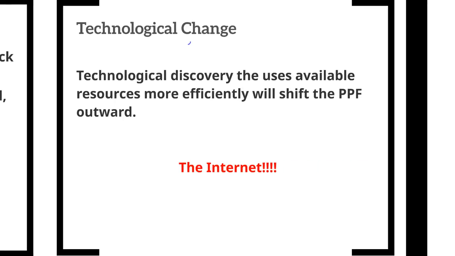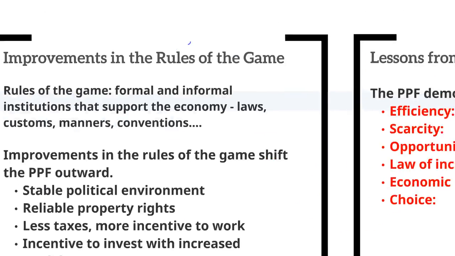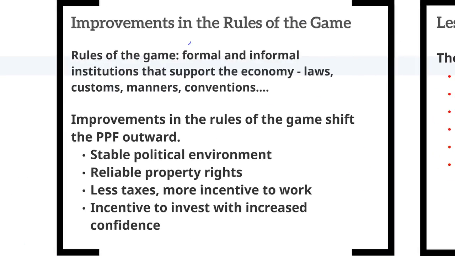A technological change, technological discovery that uses available resources more efficiently will shift the PPF outward. For instance, the internet. The internet's changed the world. Improvements in the rules of the game. So the rules of the game are formal and informal institutions that support the economy.